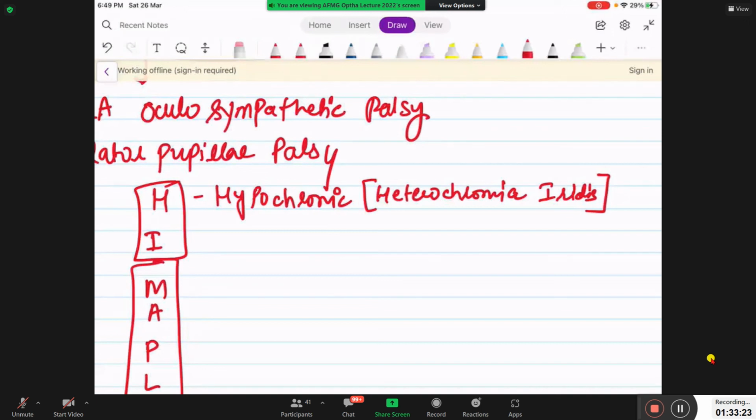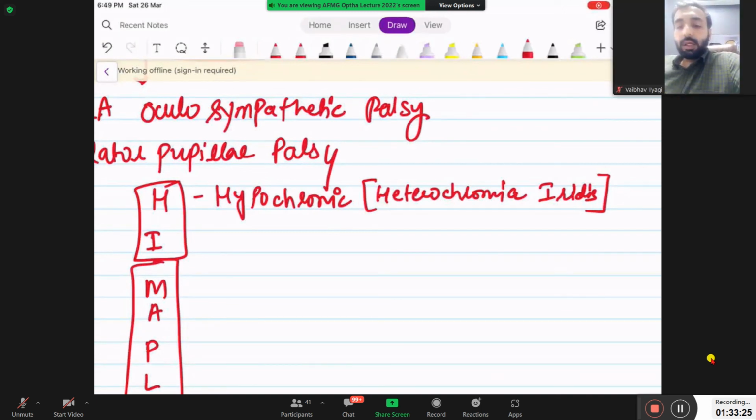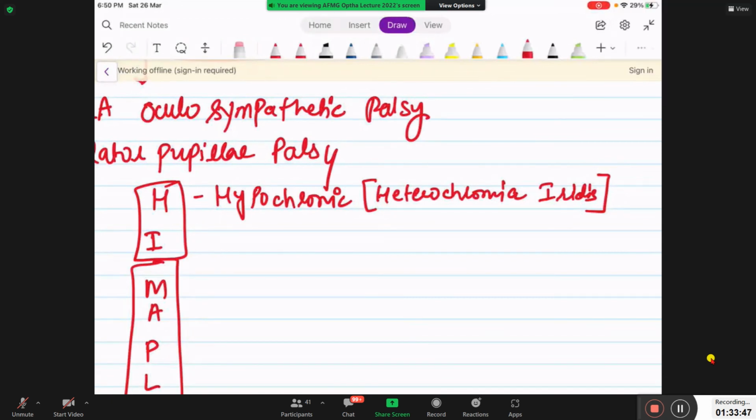Now you will tell me where we have studied heterochromia iridis before. It is an adverse drug reaction of which class of drug? Anti-glaucoma drug. Hint, latanoprost. Great, good. PG analogs.